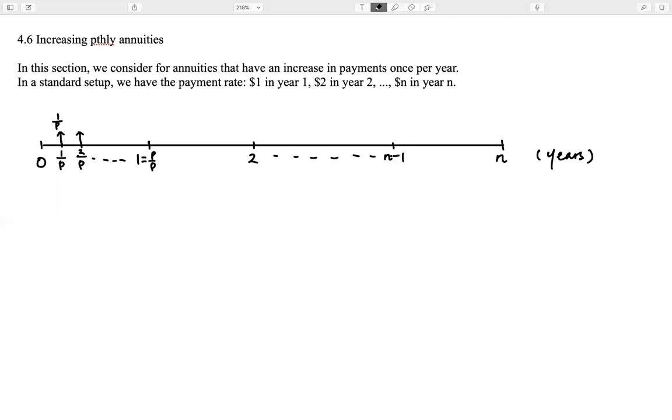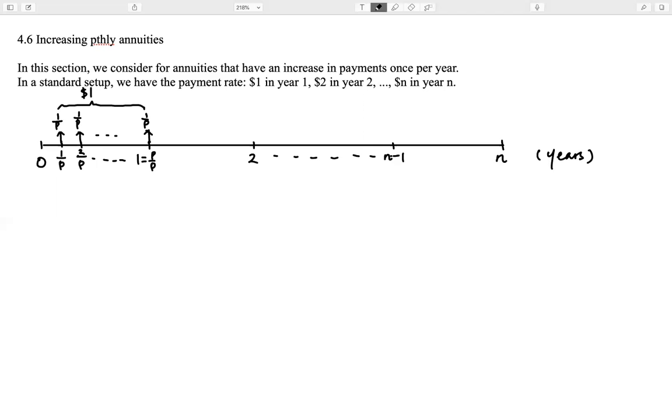This is also 1/P, goes on until the last one. This is also 1/P. So in total, I would have $1. So the first dollar in the first year is equally distributed to P periods. So there will be P payments in year one, each with size 1/P.